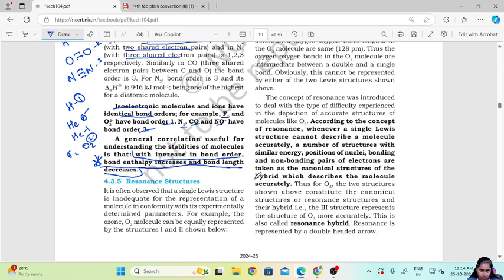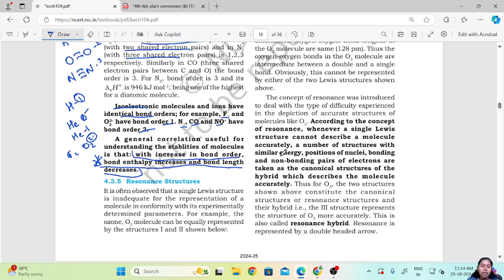So according to this concept, whenever you have a single Lewis structure with which you cannot describe accurately which structure it has, in that situation you can give a hybrid structure with n number of structures, with similar energy, similar position of the nuclei, and the same bonding and non-bonding pairs of electrons, but the structures will be canonical.